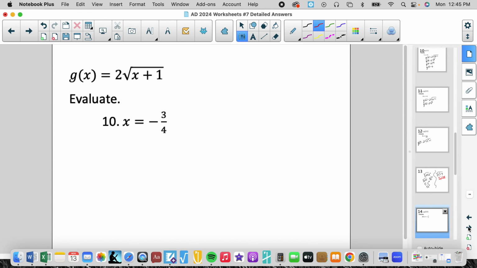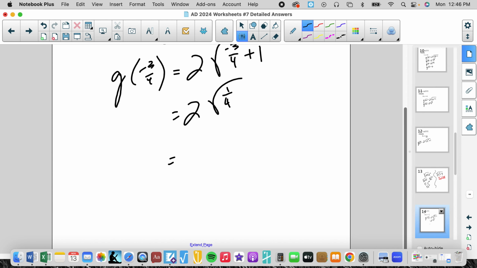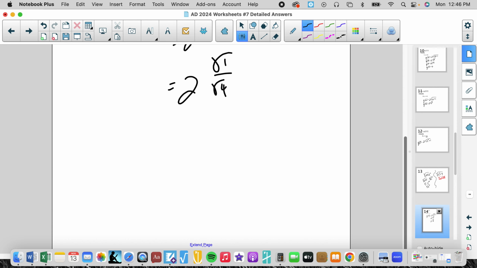Let's plug it in. So we have g of negative 3/4 equals 2 times the square root of negative 3/4 plus 1 equals 2 times the square root of 1/4. And notice everybody would stop, but remember, division and multiplication you can write under your own radical. And so square root, and this is times, not a mixed number, that's times.